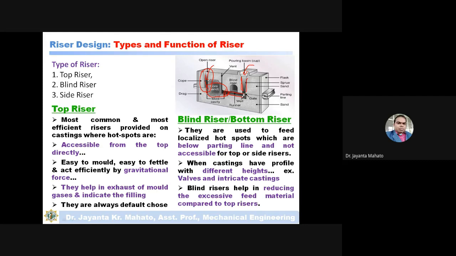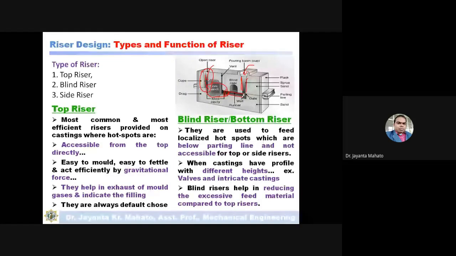Blind risers help in reducing the excessive feed material compared to top risers. Another one is the side riser.